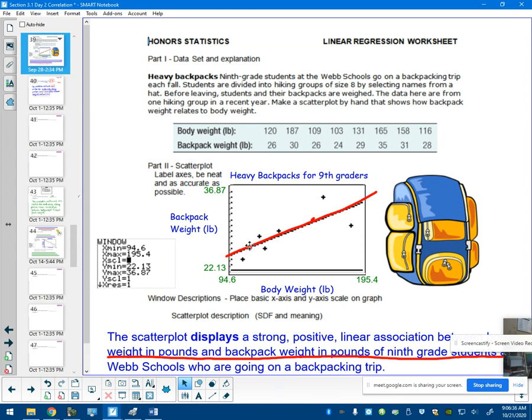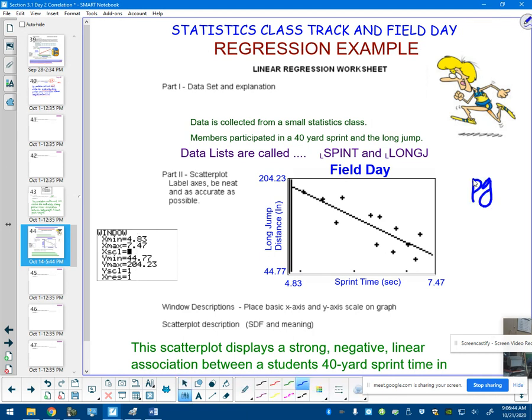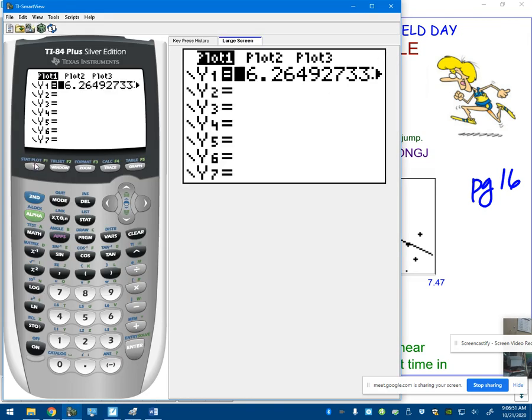Okay, ready to do sprint? On page 16, right? This is page 16. Okay. Hit Y equals and clear that equation out because it's not going to have anything to do with this new data set.